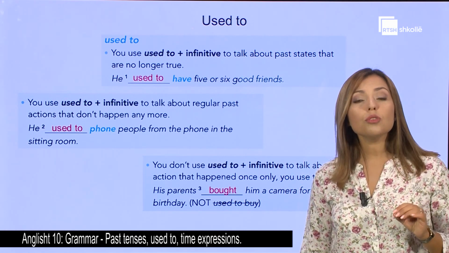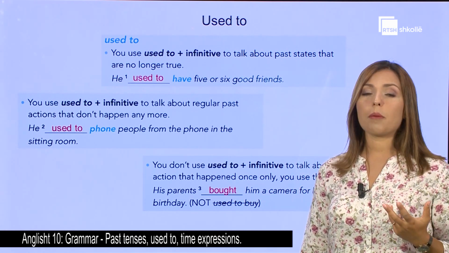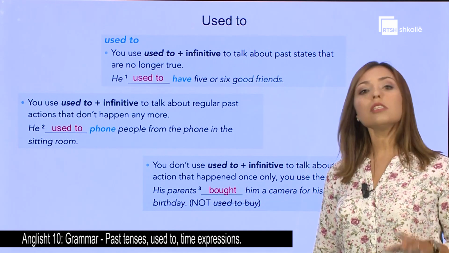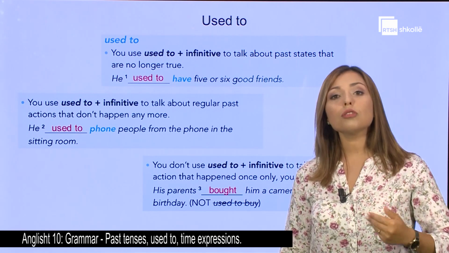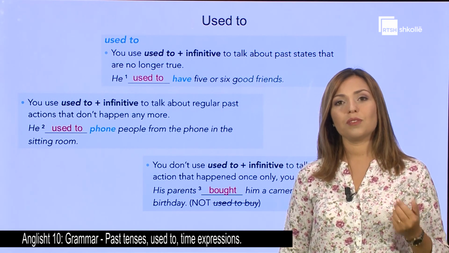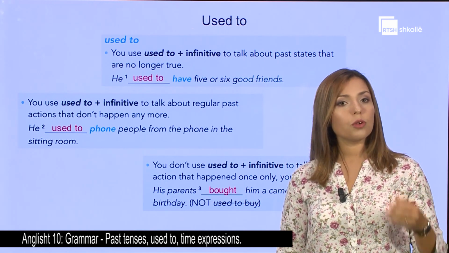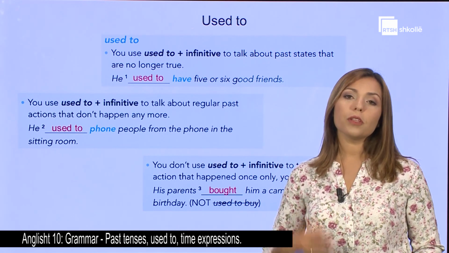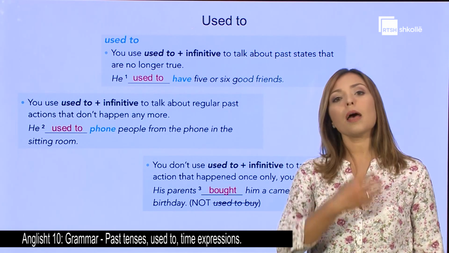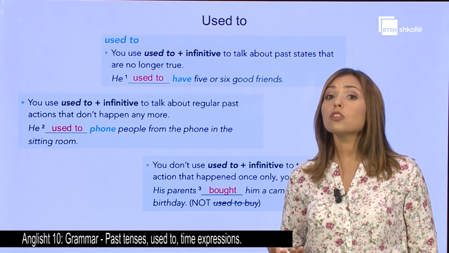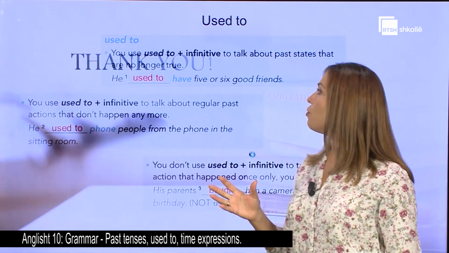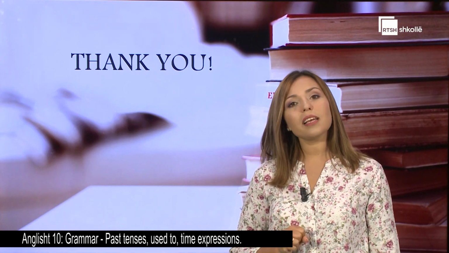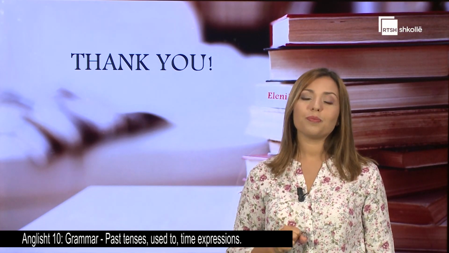We are not going to say used to buy a camera, because they just bought the camera once for him, not many times. Okay, so you can also use used to describe actions that happened in the past, but they don't happen anymore. Now, we finished talking about the past tenses and used to.